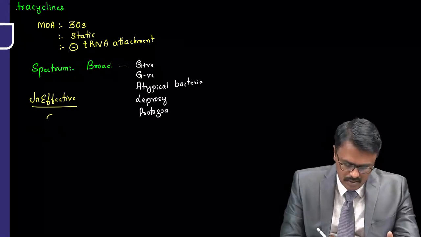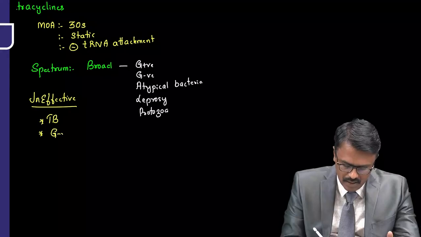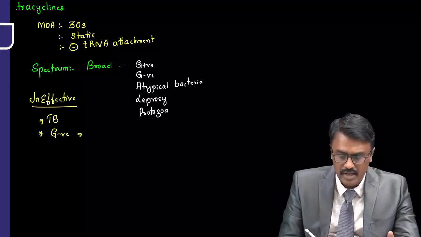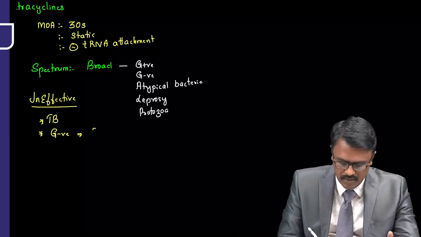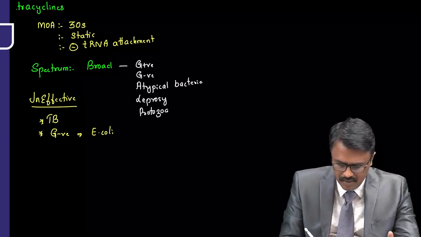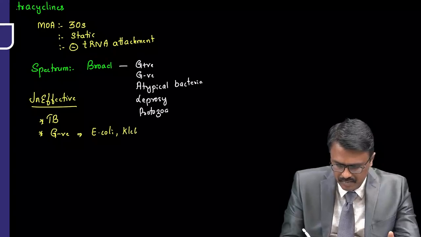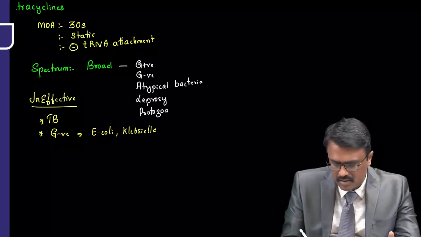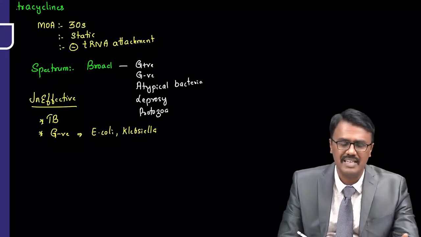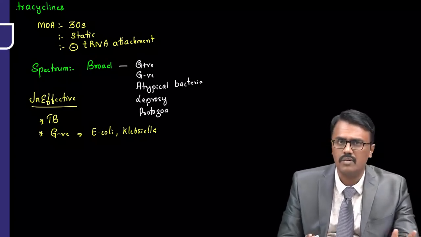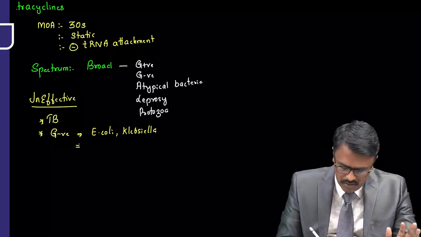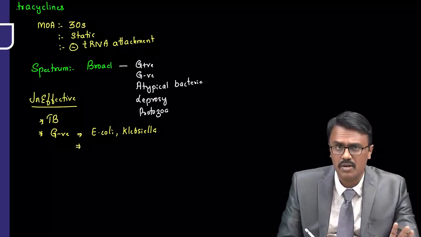What are those? The TB. It's not going to work on that. And the gram negative family called Enterobacteriaceae. So in that we have the E. coli, the Klebsiella, then the Salmonella, Proteus, Shigella. For all these things, it is not going to work much. Now the commonly asked question, will it work on Pseudomonas? No.